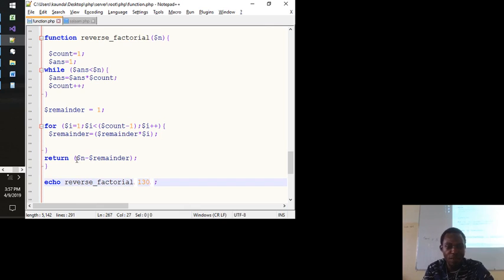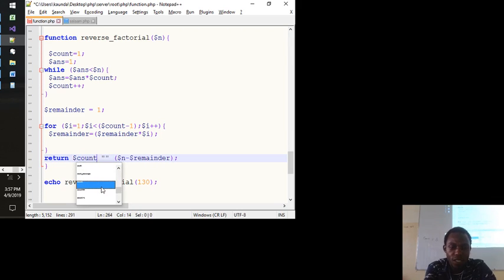If I come here, I can just say the first one is, let's see. Okay, the counter is not changing, so we can still use the counter. So I can say this factorial.